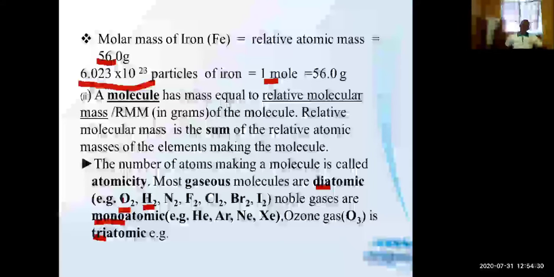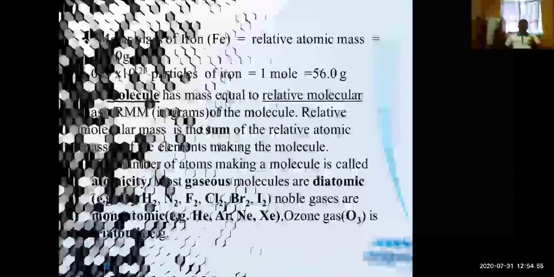For example, oxygen as an element has the relative atomic mass of 16. So 16 multiplied by 2, you get 32. So the oxygen molecule has a relative molecular mass of 36. We can check on the next slide.